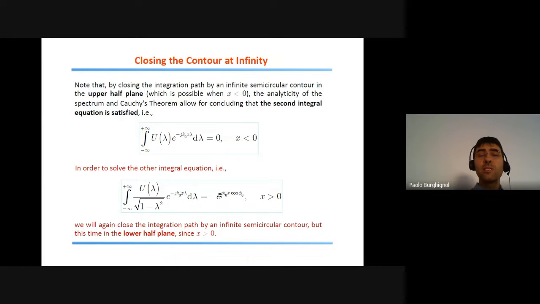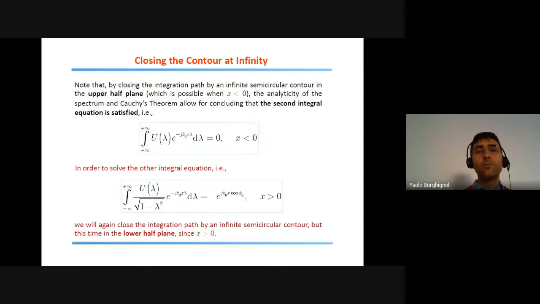Now, to solve this integral equation, we will again close the integration path at infinity by means of an infinite semicircular contour. However, this time we will do that in the lower half plane, because this integral equation holds for positive values of x. So to make the integral convergent, we will close the integral in the lower half plane.